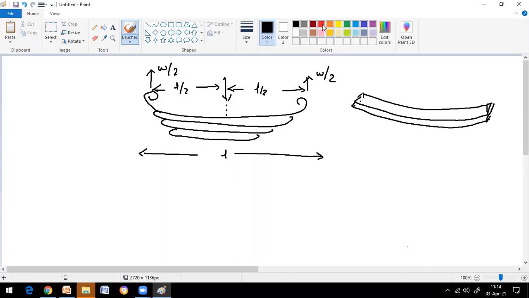Okay, so this is width B and this is thickness T. Okay, now what is the deflection formula? Delta is equal to 3W L cube by 8 E N B T cube.